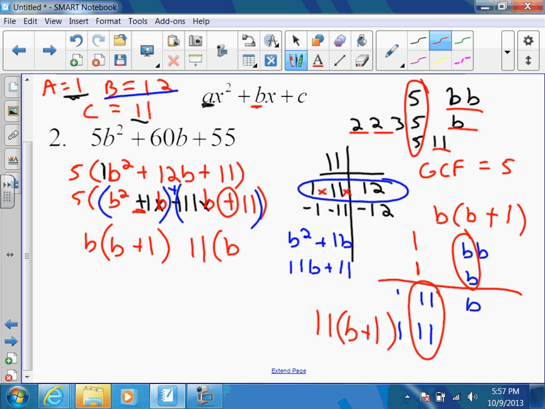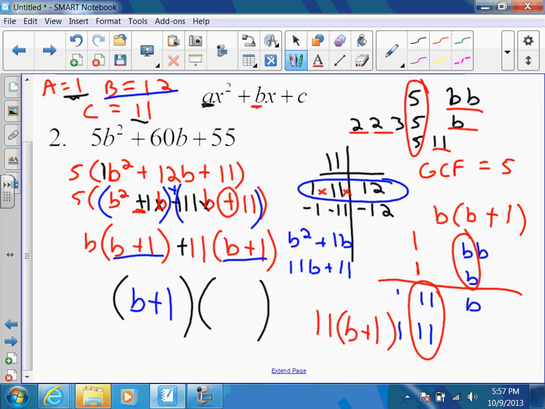Do we need an operation before the 11? Yes, we do. We have a b. What do you notice? Insides are the same. Put the inside in the first parentheses, outside in the second parentheses.